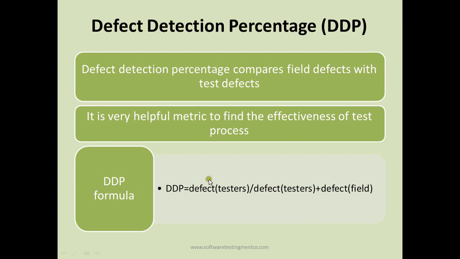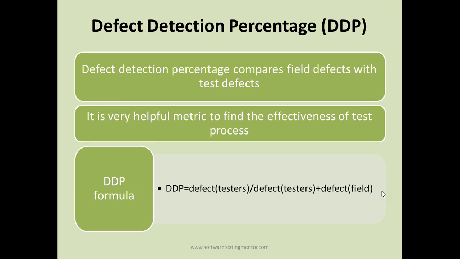So if defect detection percentage is 1, then your software test process is most effective. DDP will be 1 only if there are no defects found in the field. Suppose testers found 100 defects, divided by 100 plus 0, that is 1. So if DDP is 1, then your test process is very effective.